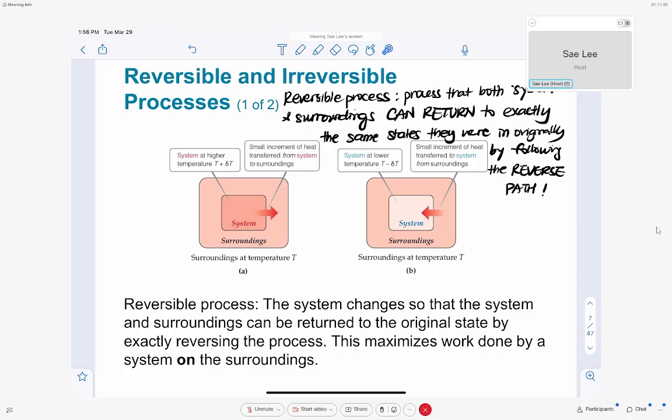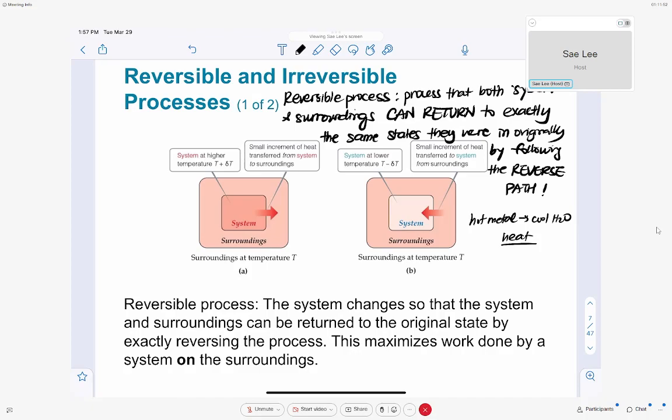Okay, so when two objects with different temperatures are placed together, just like the sample exercise question B in the previous slide, where hot metal was submerged in water, the heat will flow spontaneously from hot metal to cool water, right?